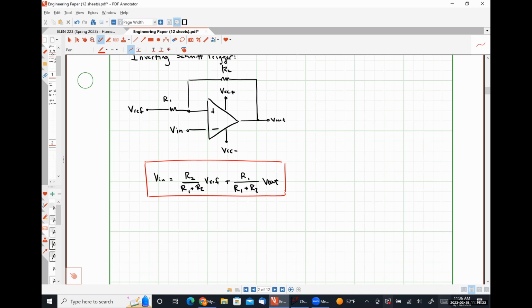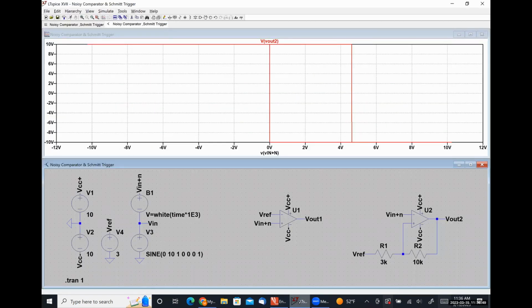Our upper trigger limit is 0. And I've changed that negative 10 to positive 10. 60 over 13, 4.6-ish volts. And if we look, well, I'll be damned, that's pretty much exactly what we have.